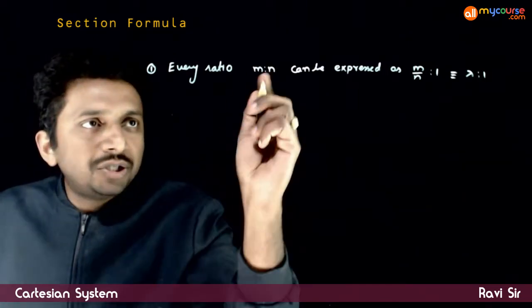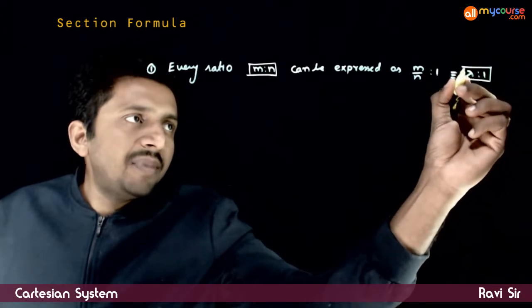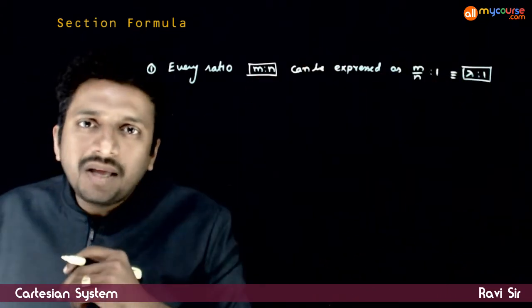So every ratio m:n can be assumed as λ:1.